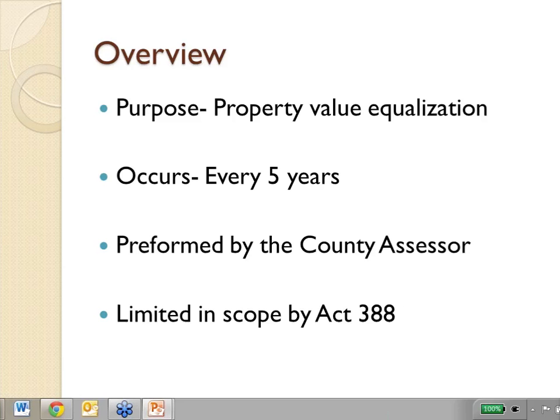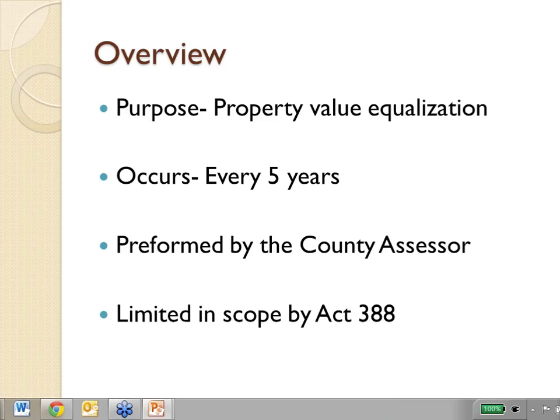When Act 388 came around, what it did is, for people whose primary residence in South Carolina was that property, their home, it allowed the school portion of the millage rate to be taken out.